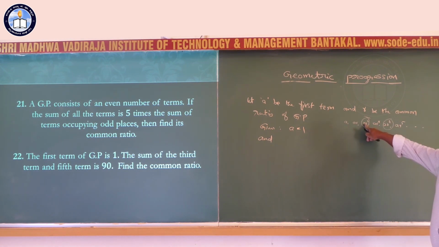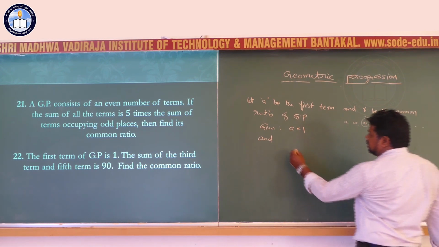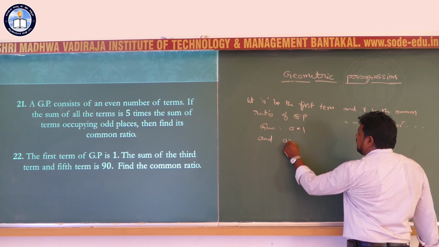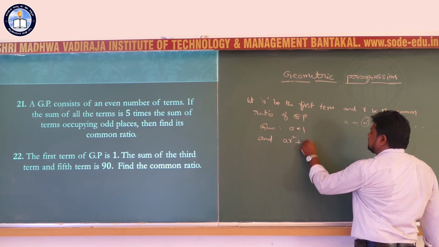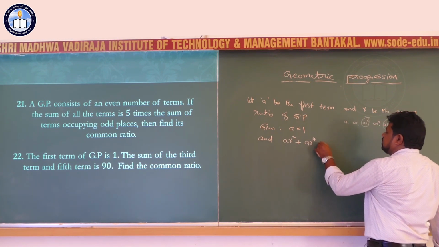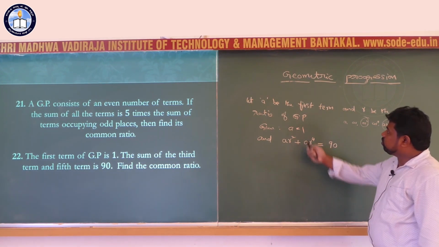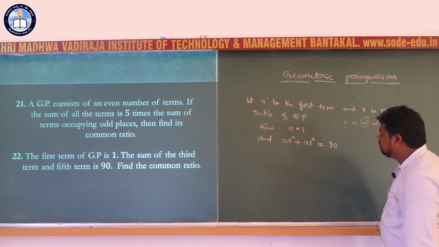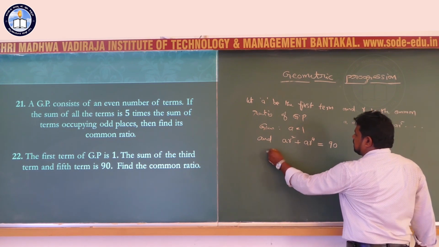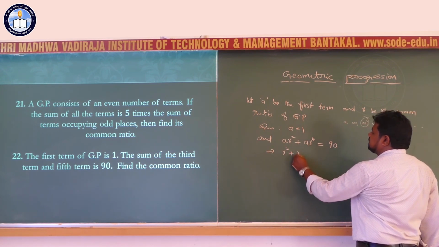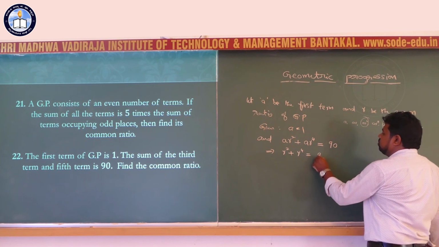Given that sum of these two terms is 90. Therefore ar square plus ar power 4 equal to 90. Here a equal to 1, it is given. So it becomes r square plus r power 4 equal to 90.